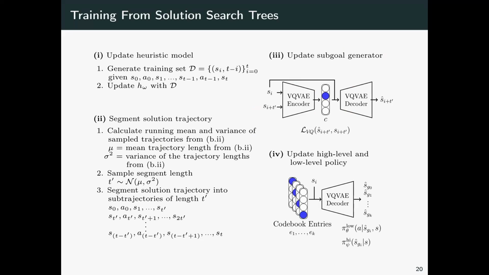I look at my vector quantized VAE subgoal generator and see which codebook entry the target subgoal we found during search maps to. If it maps to, let's say, the second one, then the high-level policy should learn that the second subgoal was the action we should take going forward.